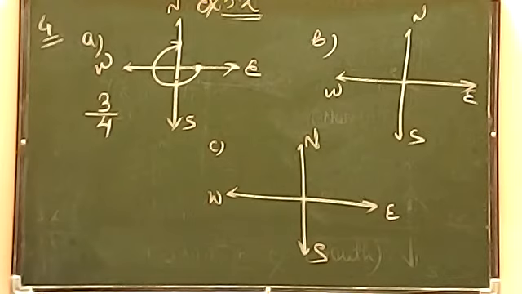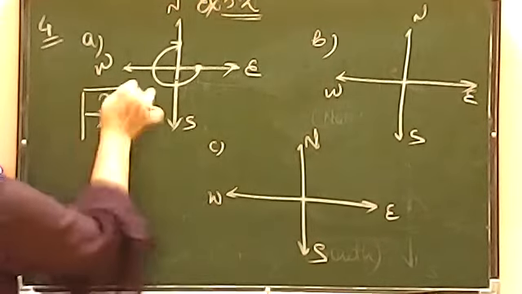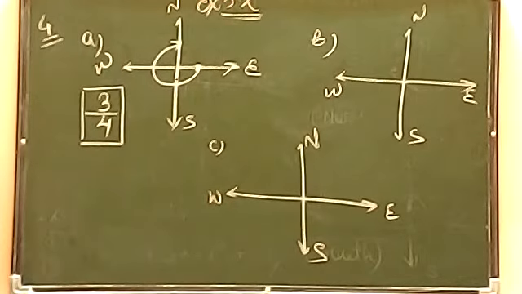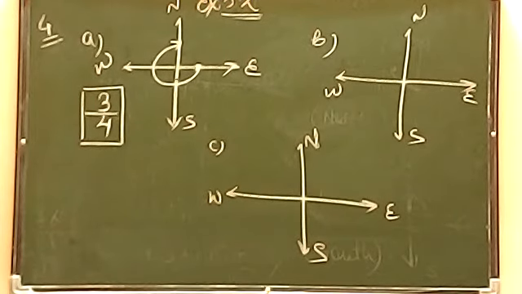Now let's understand question number B. Question number B says that you have to start from south, turn clockwise to face east. क्लॉकवाइज चलना है, साउथ से स्टार्ट करना है और ईस्ट तक जाना है. ठीक है, साउथ से ईस्ट.